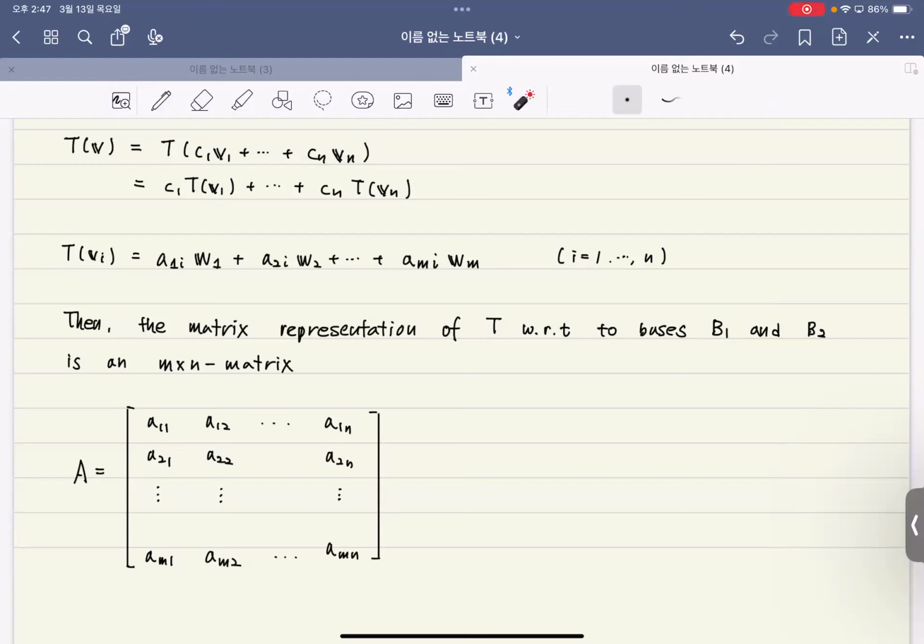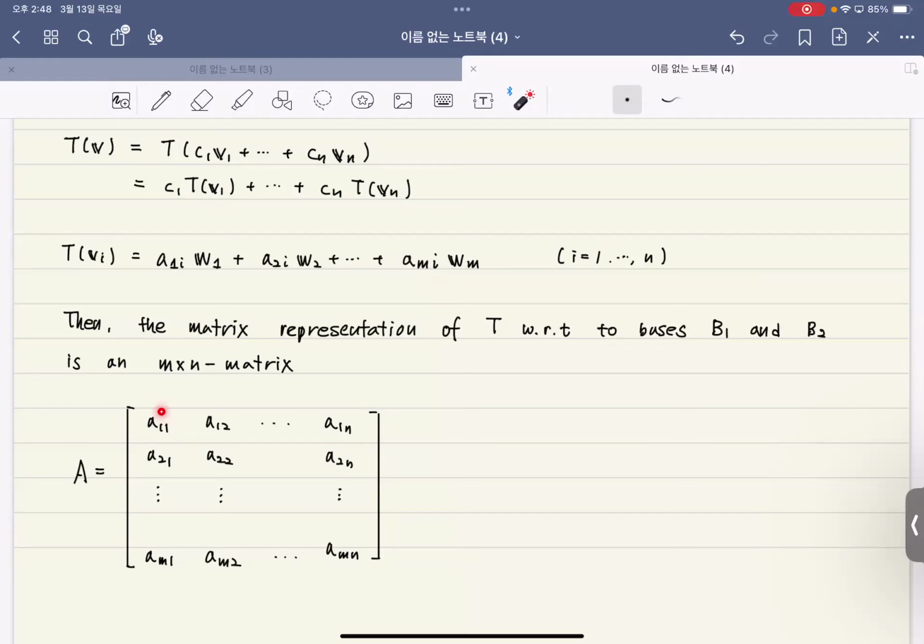So the matrix representation of this linear transformation is a collection of these numbers, these coefficients.